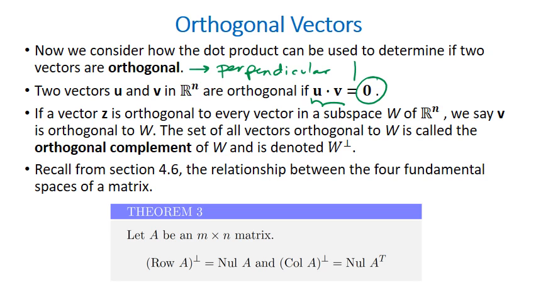So if you have this vector, and then another vector here, they create a right angle. We have this theorem here, which is helpful, but it's not really seen in the homework.